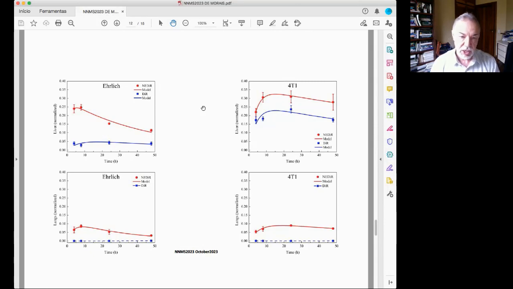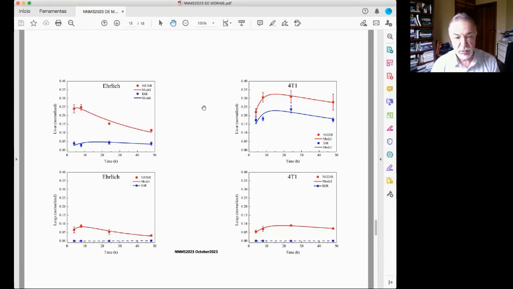We have the transient time, which is the typical time the material can stay inside the biological compartment, and the disposition time, which is the typical time the material can be extracted from the biological compartment.